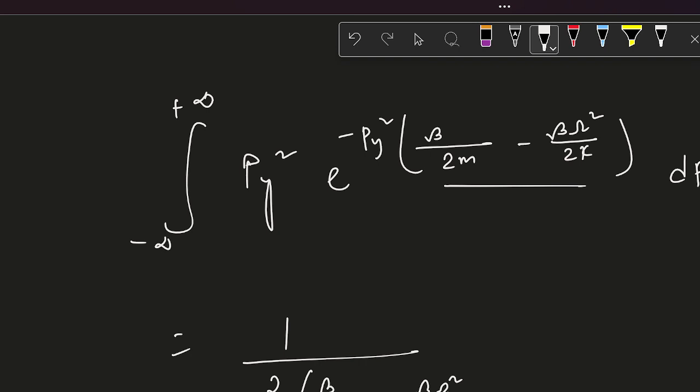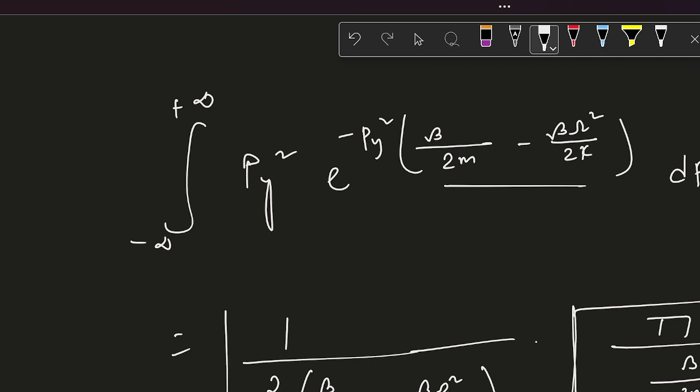Okay, this thing, and root over π by that same constant. So this is taken from the dpy integral.